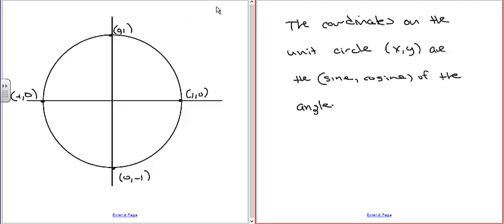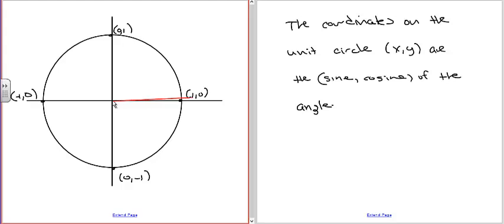Well, let's just draw a line. This is all relative to the positive x-axis. If I draw a line, the angle between the horizontal positive axis and the given line results in this angle theta.